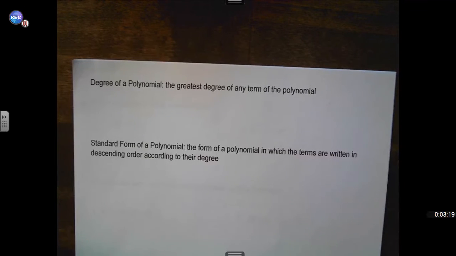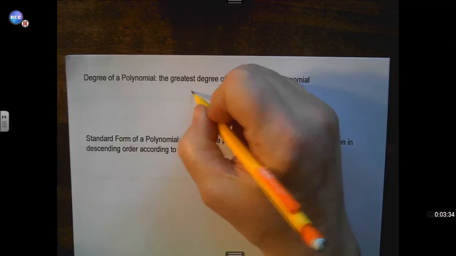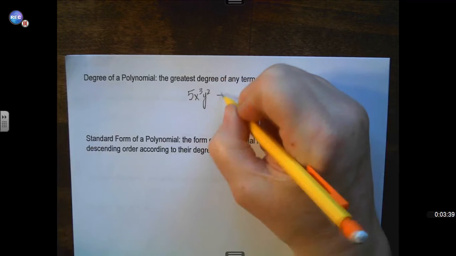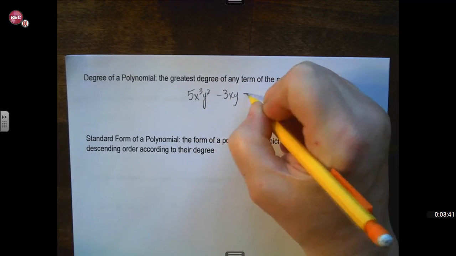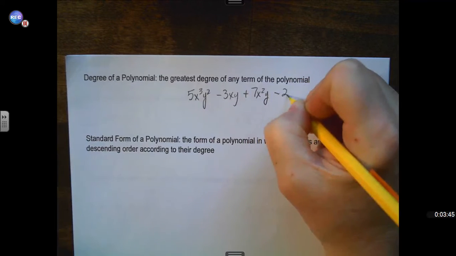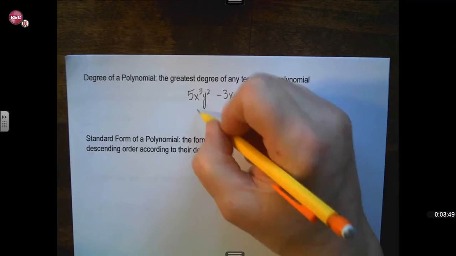The degree of a polynomial is the greatest degree of any term within the polynomial. So if I had 5x cubed y squared minus 3xy plus 7x squared y minus 2, okay, the degree of this monomial is 5.